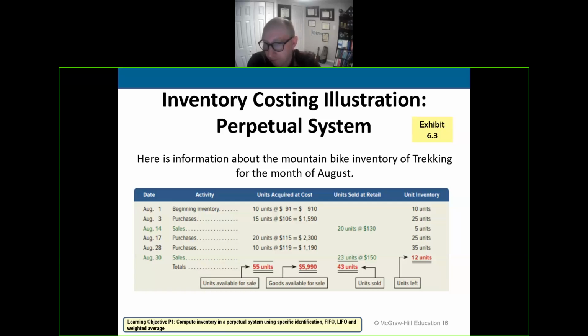And throughout the month, I sold 43 bicycles. 55 minus 43 is 12 bicycles ending inventory balance. Total goods available for sale, which represents all of the purchases I've made, 5,990. So that's the information we have available.